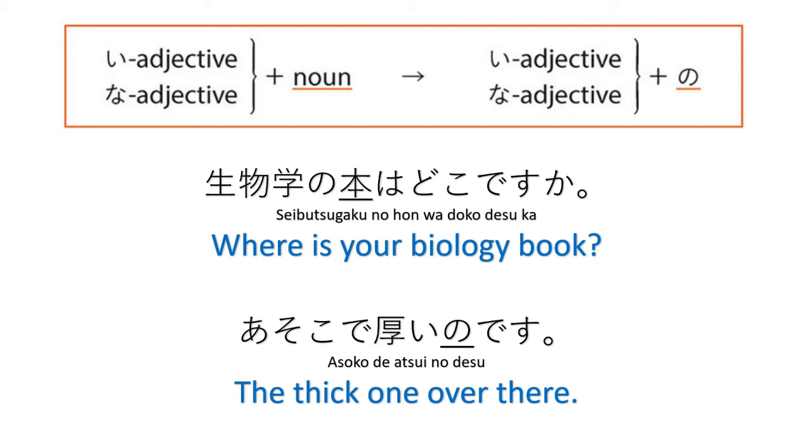Here we remove hon or book and change it to no as a substitute to say that one or that thick one. The thick one over there. Asoko de atsui no desu. So we avoid repetition of the noun.